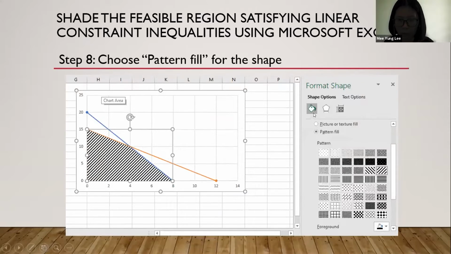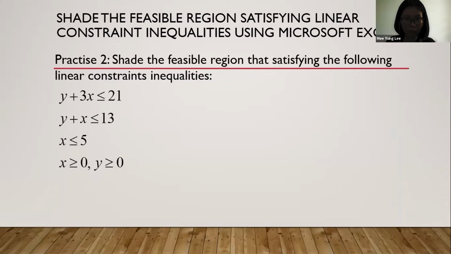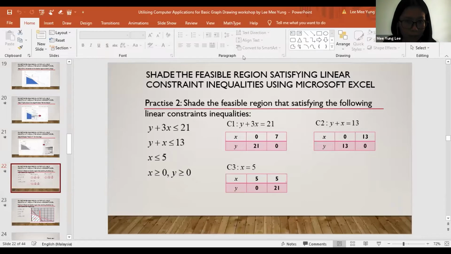Go to this icon, and change the original setting of solid fill to pattern fill. There are a lot of patterns that you can choose, and you can also change the color of the foreground and the color of the background. Okay, I will switch to Excel to show you.